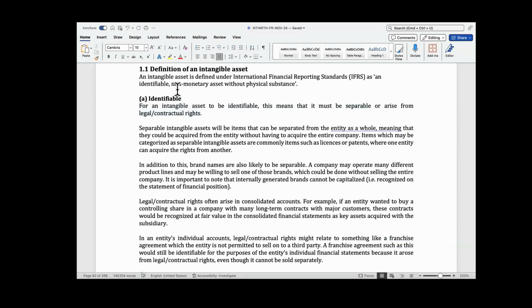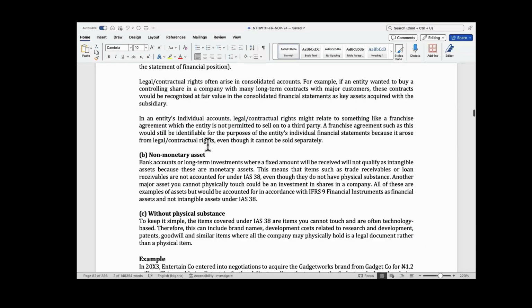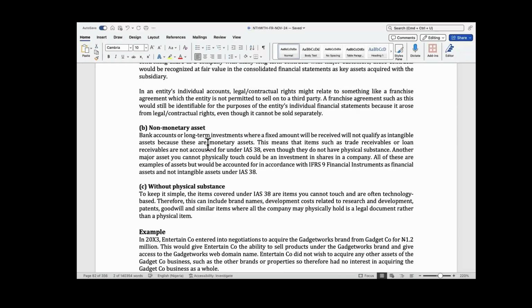The second part of this definition is non-monetary assets. For you to understand non-monetary, I think you need to understand monetary. Assets like bank accounts, which we typically call bank or cash, or investments.